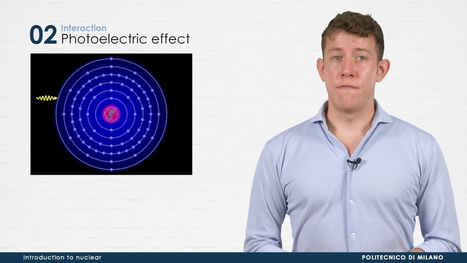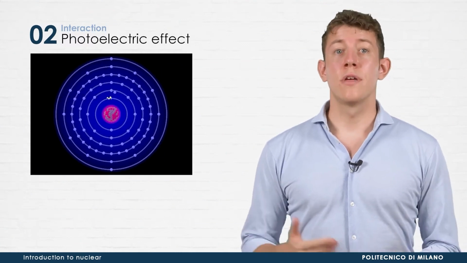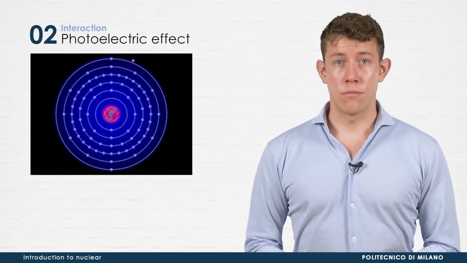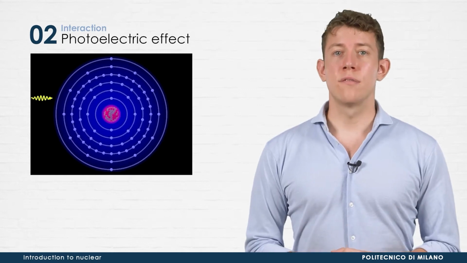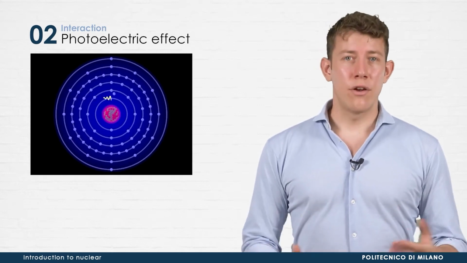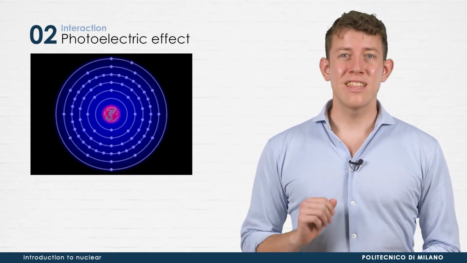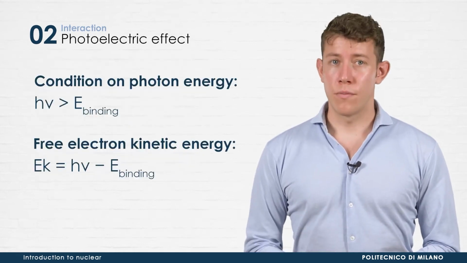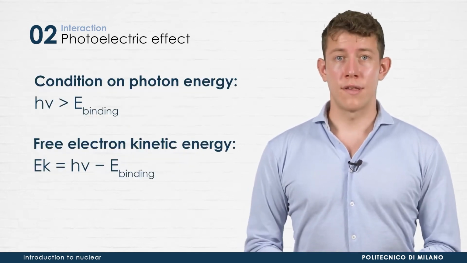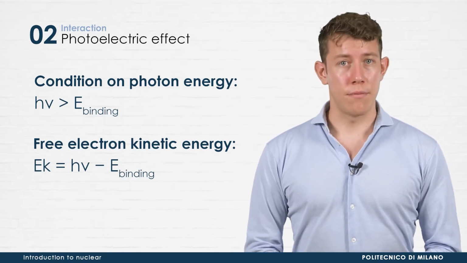In the photoelectric effect, a photon interacts with an electron located in the atomic shell, completely transferring its momentum. The latter is ejected from the atom and interacts with the surrounding matter, losing all its energy in a relatively short path.